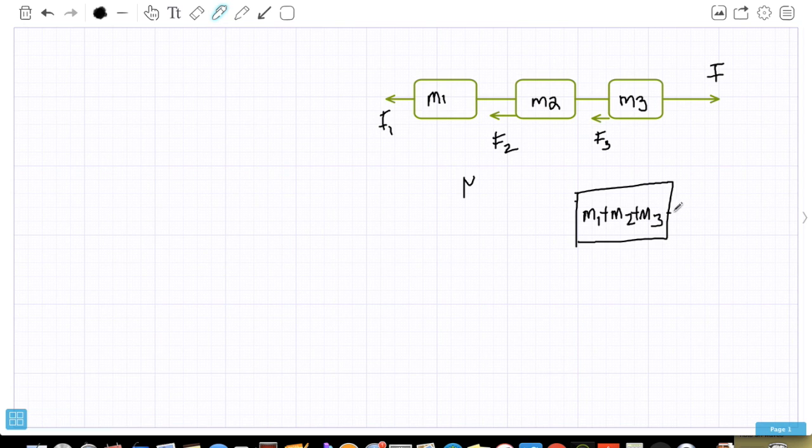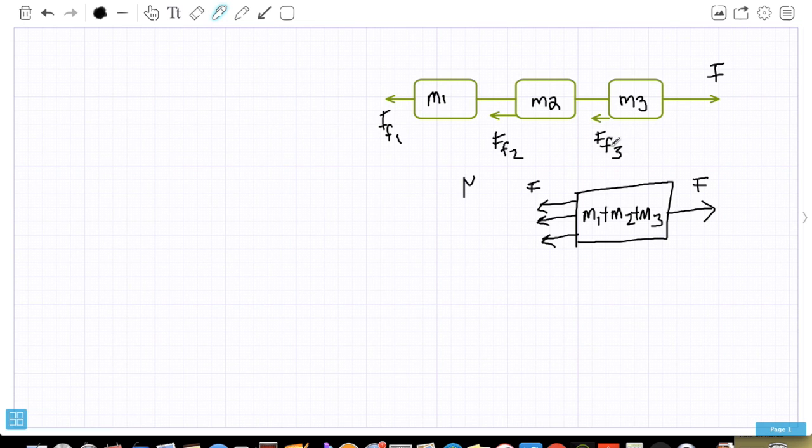So there's a force F that's pulling it. And then there are 3 forces working against that pull force. Let's make these a little bit more descriptive. We'll say that this is FF1, FF2, and FF3.